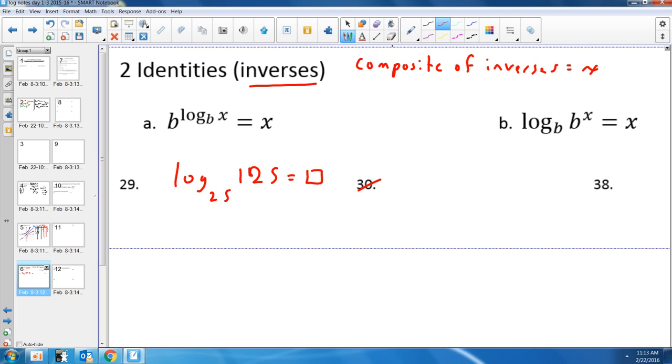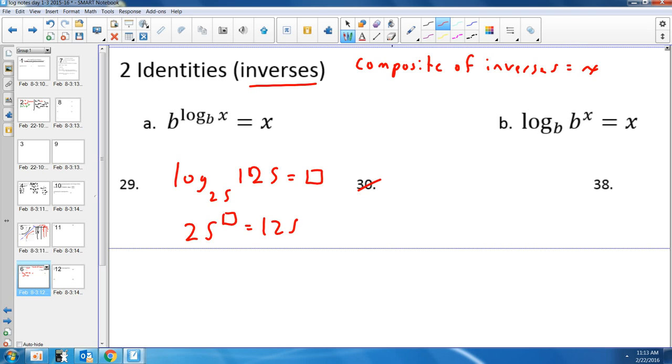25, the base, to what exponent equals 125? 25 to what exponent equals 125? By looking at that, it's not so obvious. If you had a 1 here, it's 25. If you had a 2 here, it's 25 squared, which is bigger than 125.